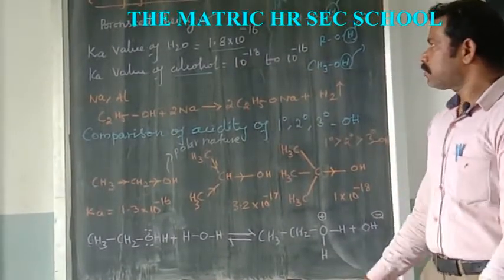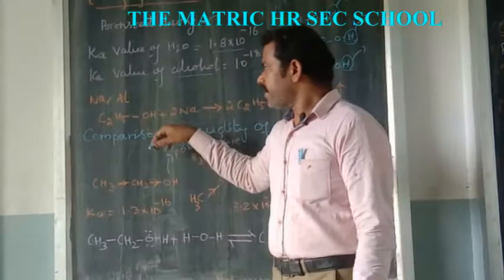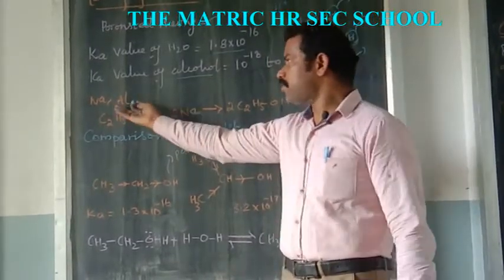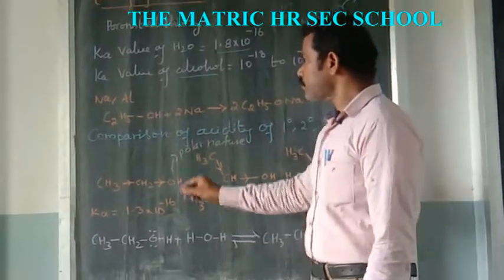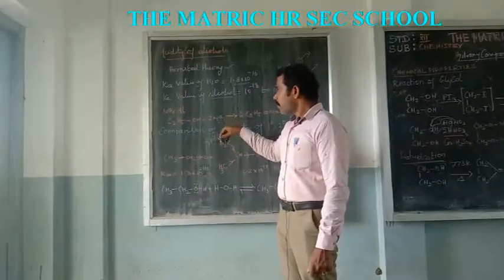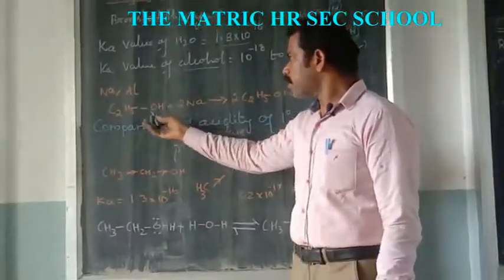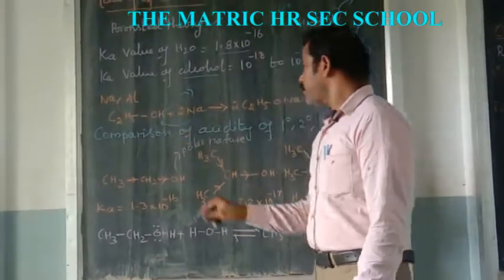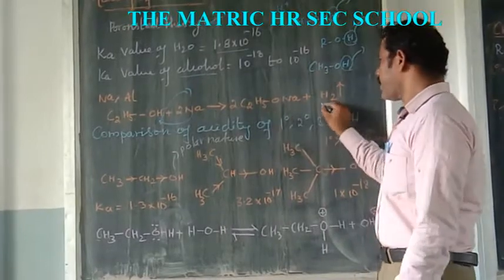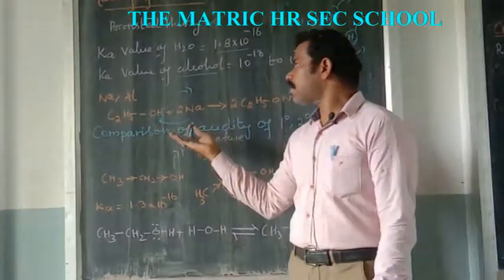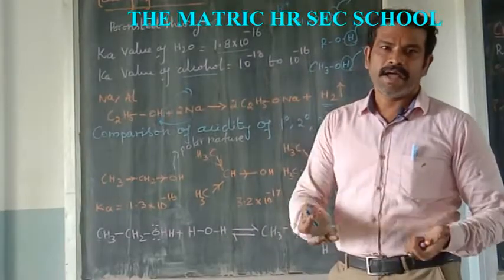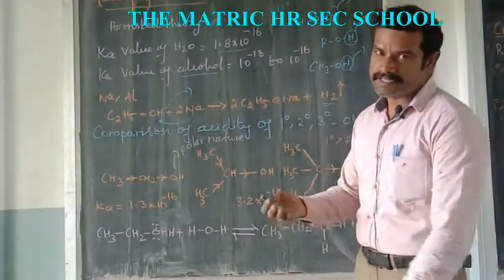Okay, so we take any alcohol and a metal, for example sodium or aluminum. When sodium or some other metal reacts with the alcohol, it removes the proton, and we get sodium methoxide and hydrogen. So alcohol compounds liberate the proton with metals, which shows the acidic nature.